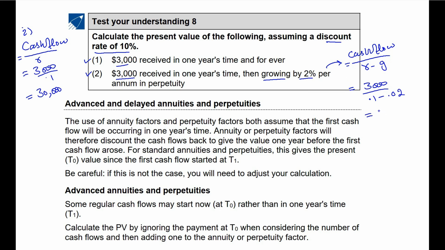So as a result we will get an answer of 37,500. I hope now you have a better understanding of perpetuity. Just remember one thing: using both annuities and perpetuities, what we are determining? We are determining the present value of future cash flows.